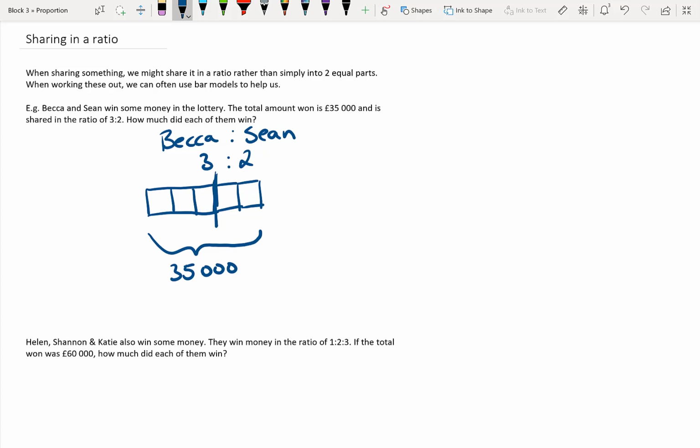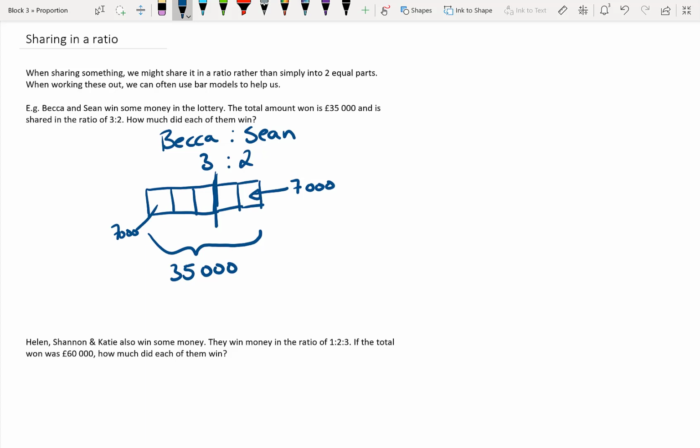So how many boxes are there? There are 5 boxes, so 5 lots would make 35,000. That means each single box needs to be 7,000.